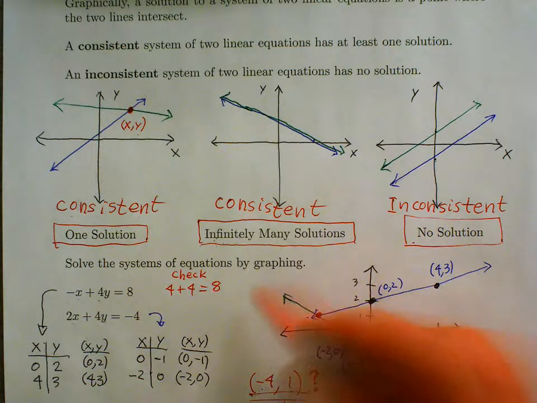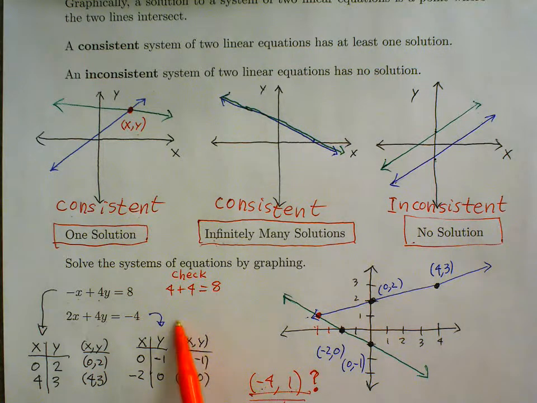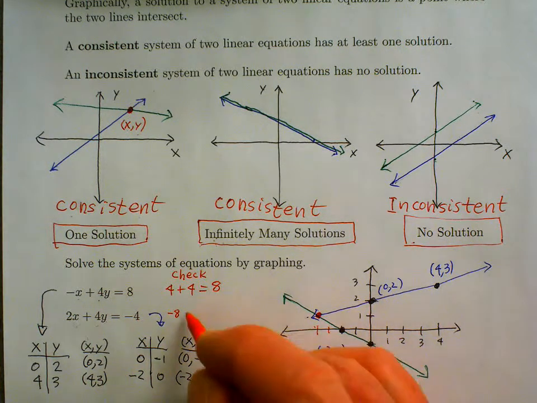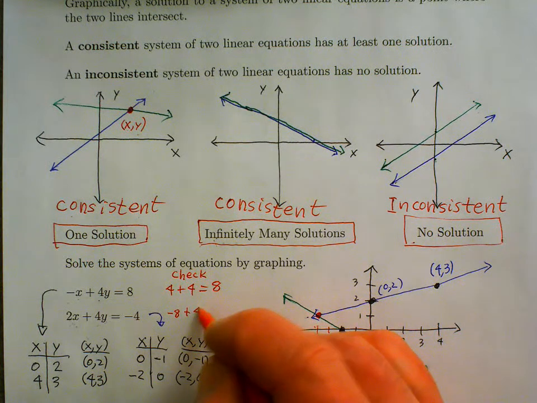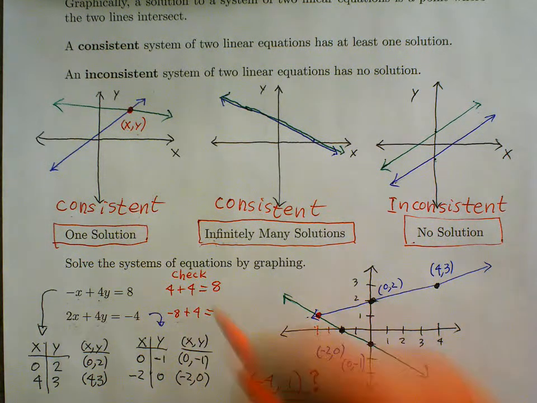That's true. So let's check the bottom line also. 2 times -4 is -8, and then plus 4 times 1 is plus 4. And -8 plus 4 equals -4.